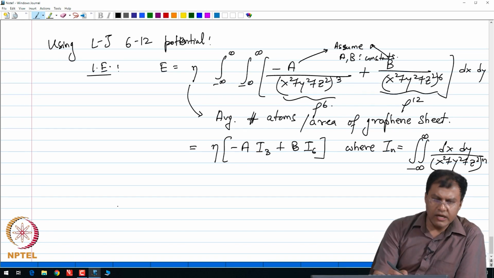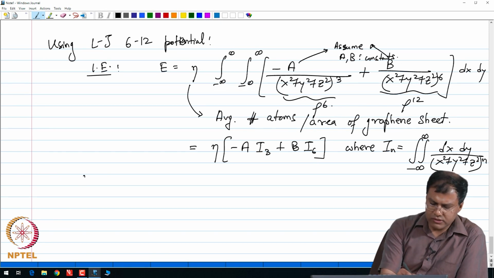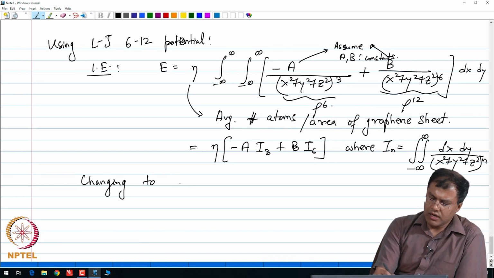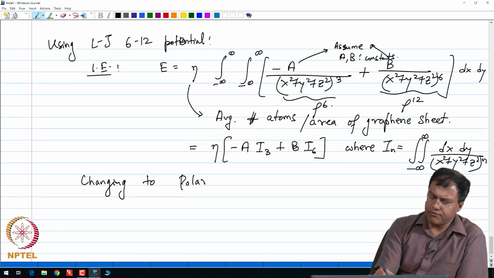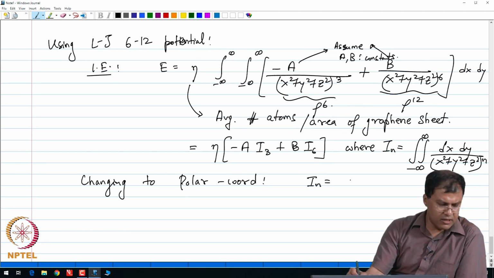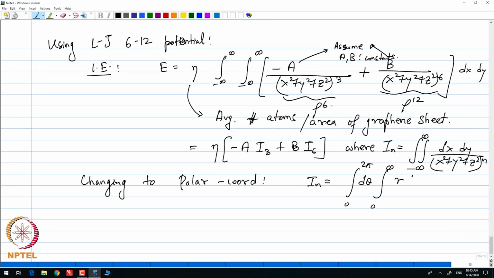So, changing to polar coordinates, because z is fixed, I see that my I n turns out to be the integral from 0 to 2 pi d theta times the integral of r from 0 to infinity, r dr divided by r square plus z square to the power n.